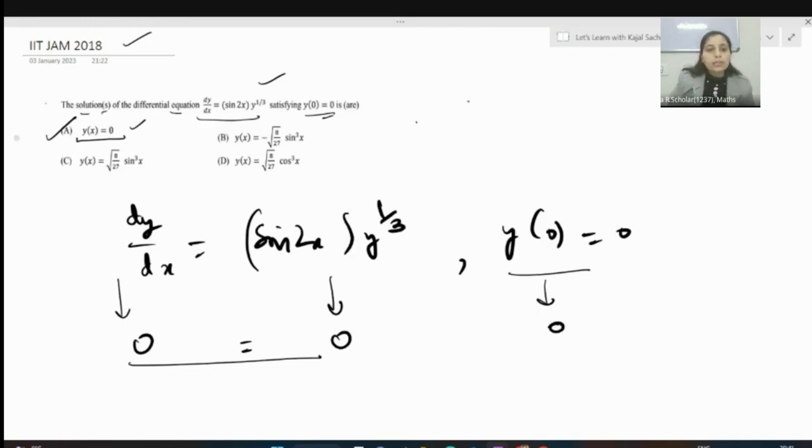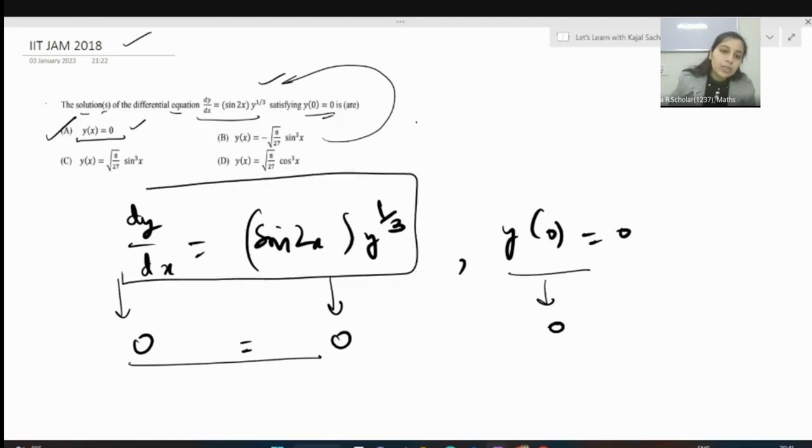Now check which of B, C, D is a solution. One way is just substituting in the given equation and checking whether it satisfies or not. But here we can see that the given equation is of separable type. The whole function depends on x and this whole depends on y.